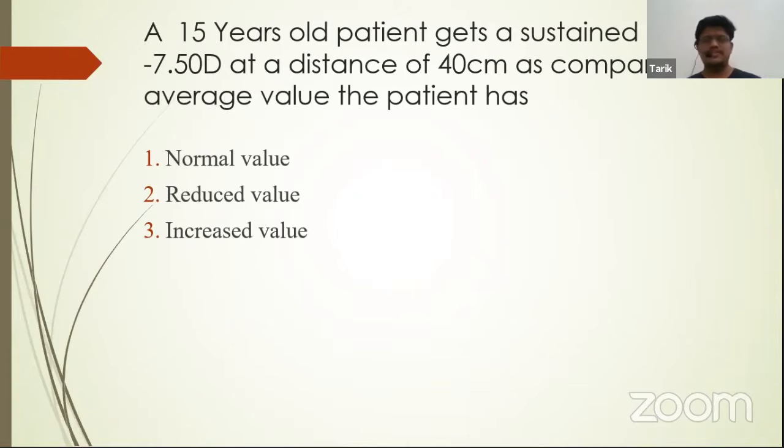So 13.5 is the expected average value, plus or minus 2 diopter. So the least you can get is around 11.5. For the patient we have right now, 7.5 diopter is the value you got, and you add 2.5, so you get a value of around 10. So the value is slightly reduced as compared to the average value.